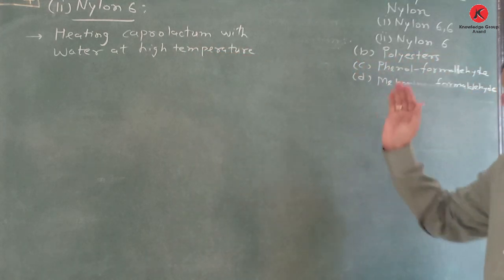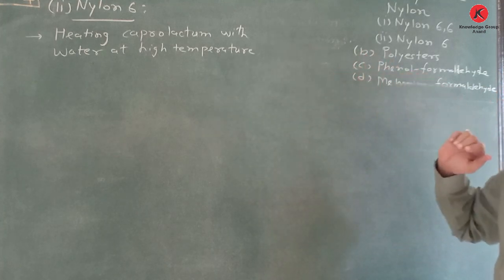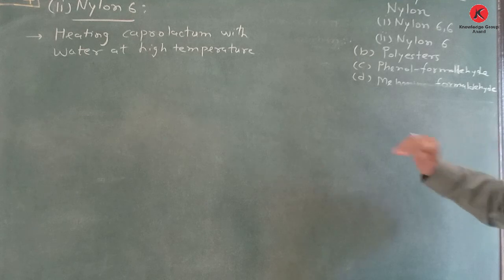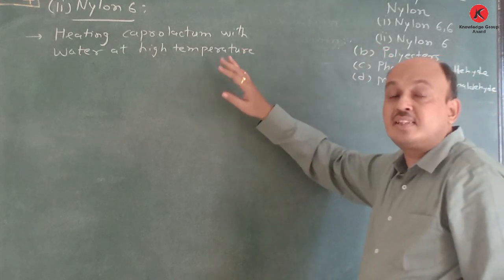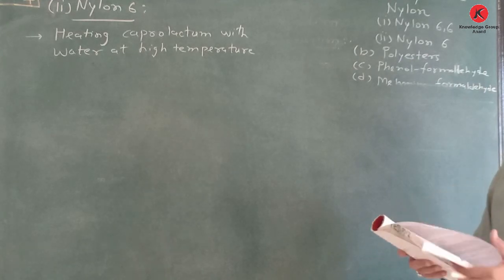So here caprolactam, you have to remember the formula of caprolactam, and what is the monomer of nylon 6? This question is asked many times. So the monomer of nylon 6 is nothing but caprolactam, and caprolactam is a 7-member ring.